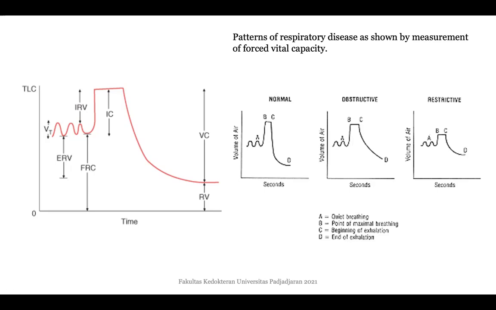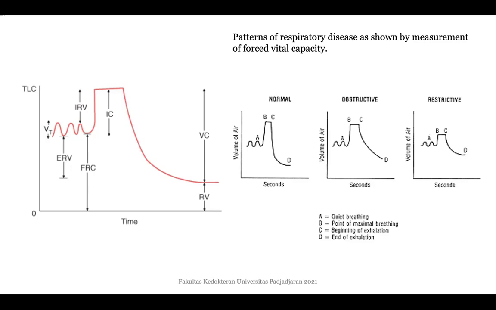In restrictive lung disease, you can see that they have a problem inhaling. There is a smaller volume when they're told to inhale as much as they can, but they have no problem exhaling as quickly as they can. So the FEV1 of 80% is still normal. After 1 second, 80% of the air can be exhaled.